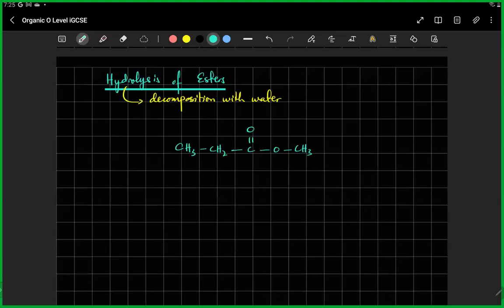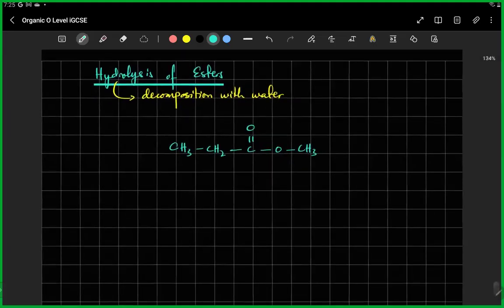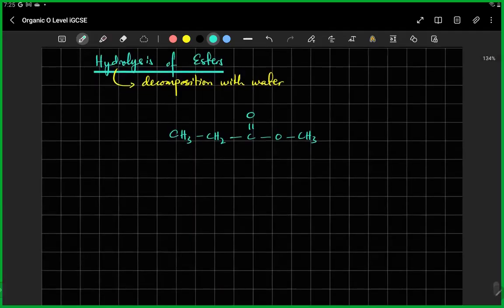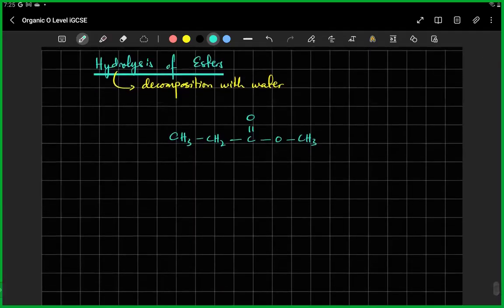What is the name of this ester, by the way? Anyone, Dua, Mayim, any idea what the name of this ester is?